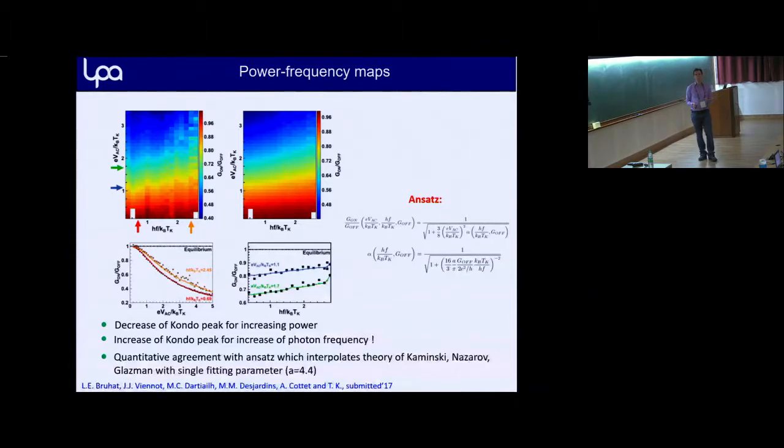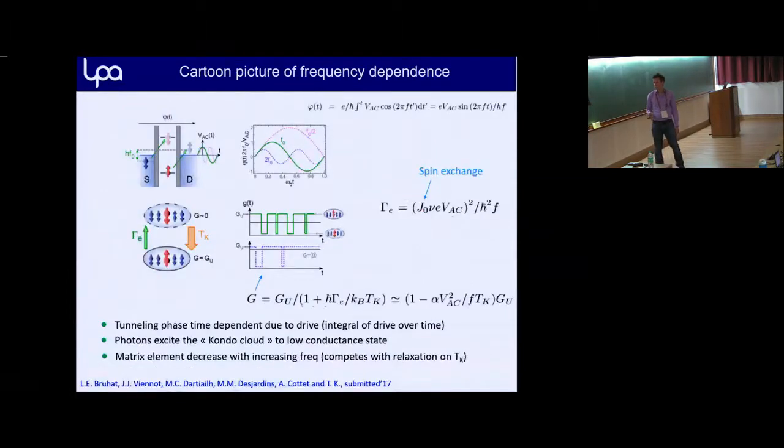Of course, you see that I have plotted everything with respect to TK. Is it possible to see that everything is just expressed like that? Well, it is possible if we study another Kondo resonance.